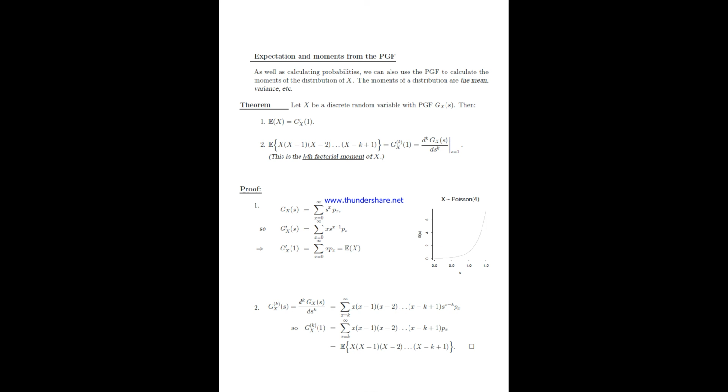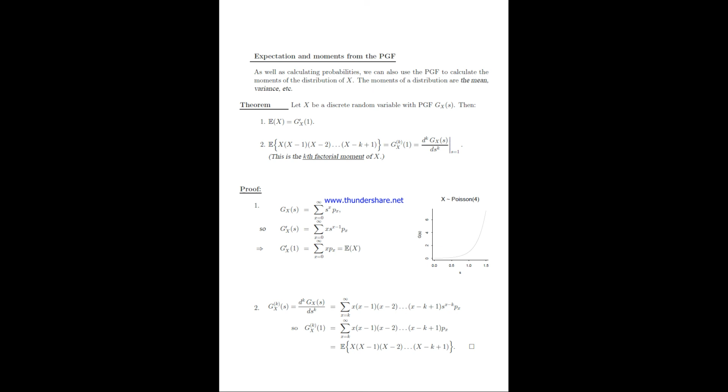If you take the first derivative, G'(s), you have x times s^(x-1) times p(x), summed from 0 to infinity. Then we substitute 1 for s, so the power term goes out, and we have the sum over x from 0 to infinity of x times p(x).